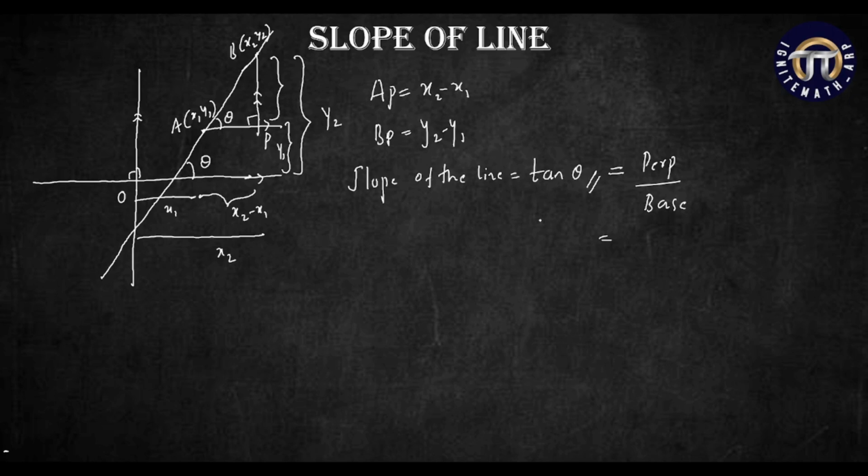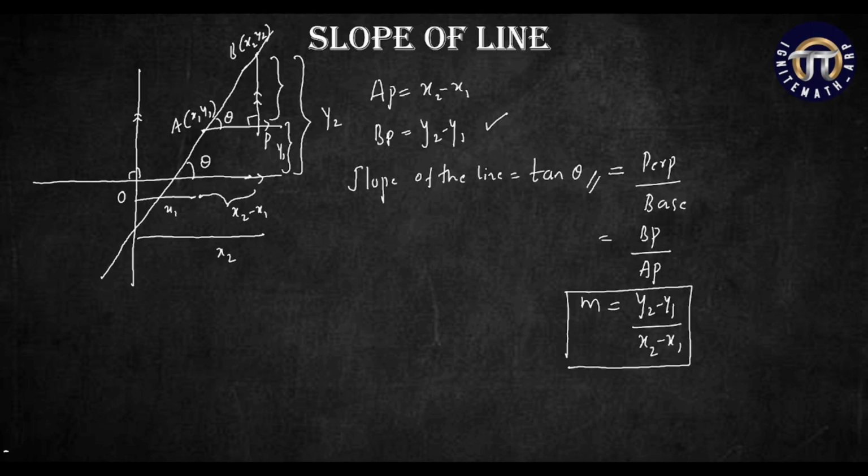Perpendicular is BP and base is AP. BP we have found as y2 minus y1 and AP as x2 minus x1. So this is nothing but the slope of the given line. Here, children, I have found out the slope of the line using the coordinates of 2 points lying on the given line.